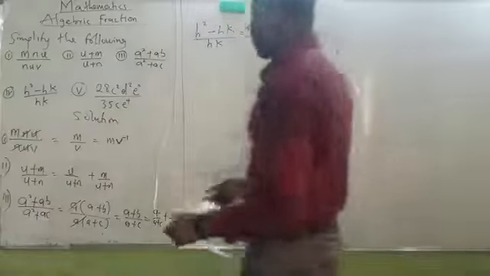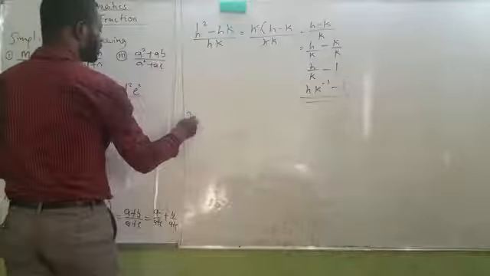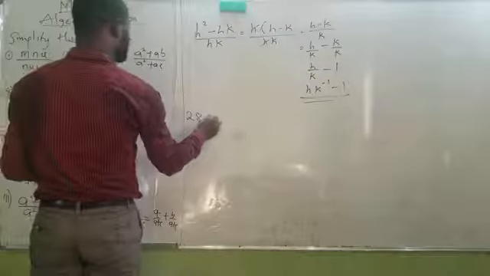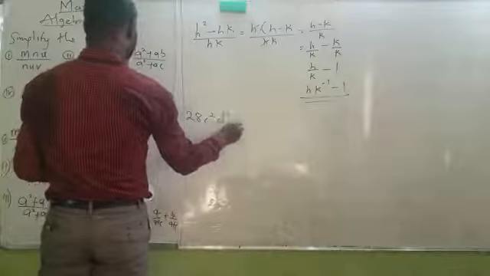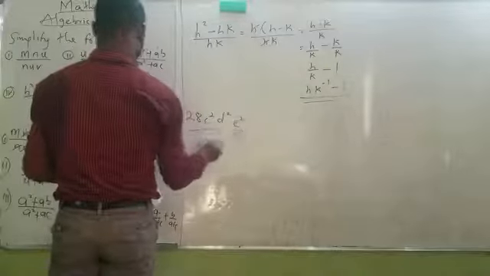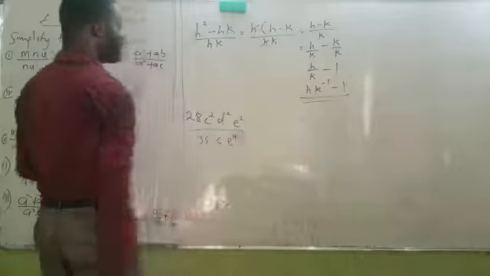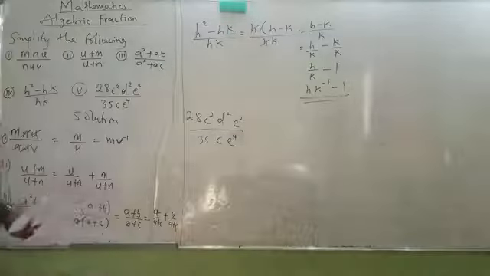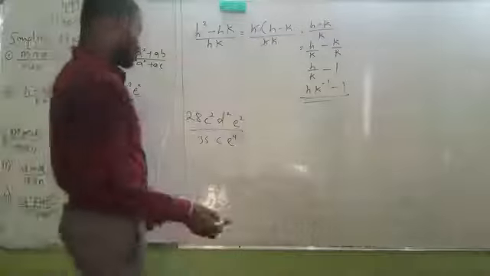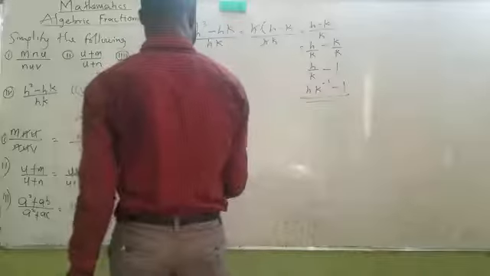Now, the last part, which is this particular one: 28 c squared d squared e squared divided by 35 c e to the power 4. Now, this is an index question and you can run through the indices.